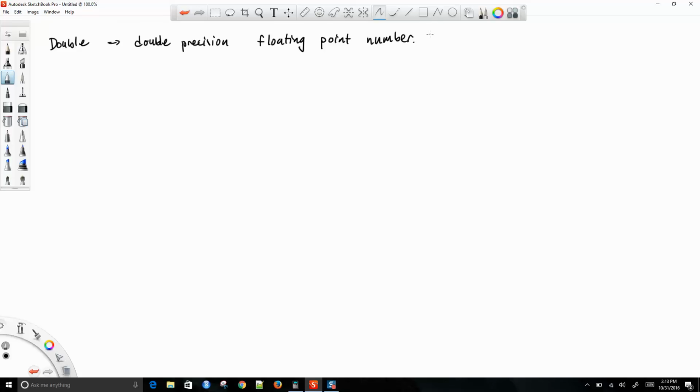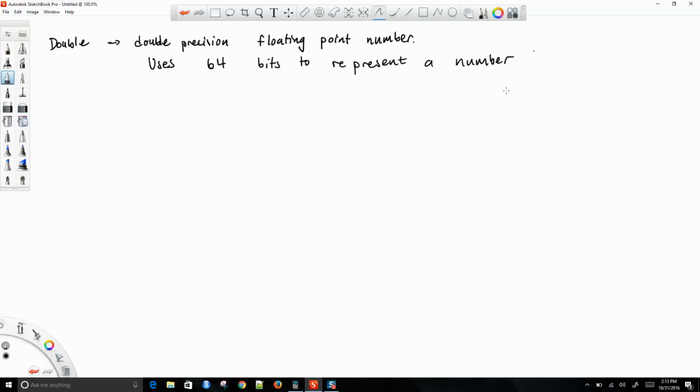And in the computer, we will use 64 bits to represent a number.